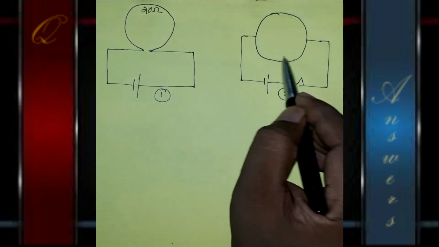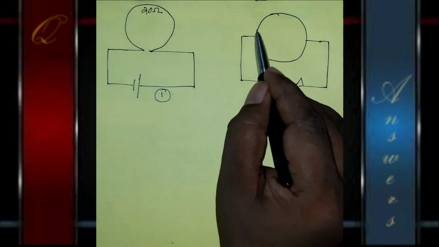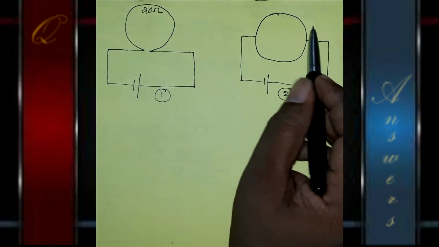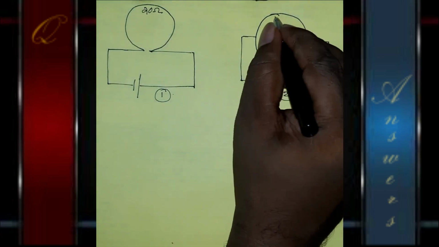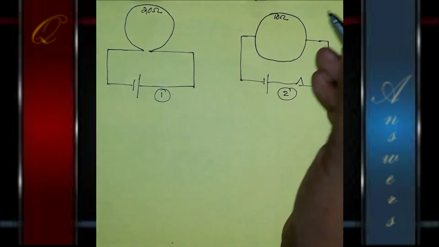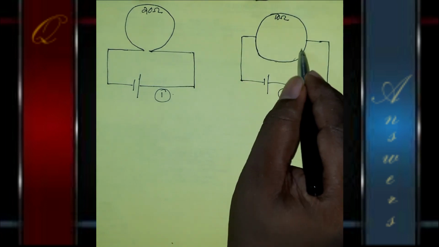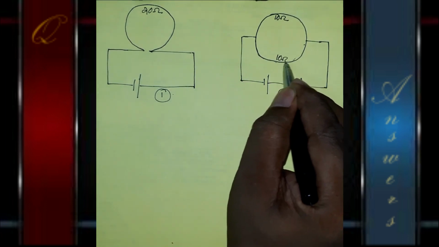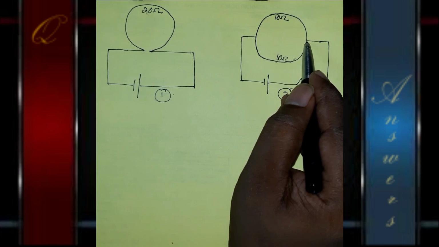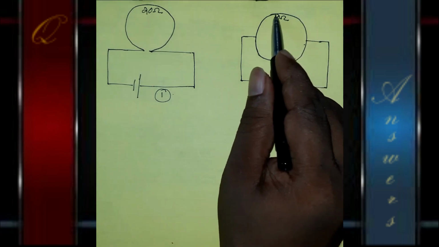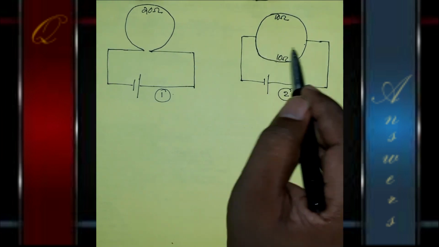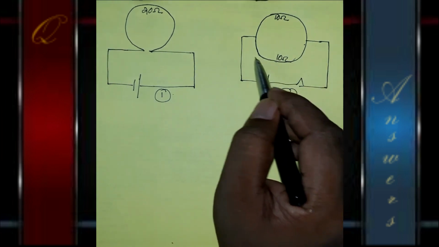Total it is having 20 ohm resistance, so half of it will be having a resistance of 10 ohm. So this length is having a resistance of 10 ohm and this length is having a resistance of 10 ohm. So when current reaches here, it splits into two. One part passes through the 10 ohm resistance like this and the other part passes like this.